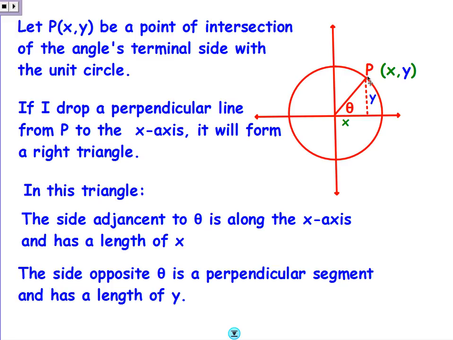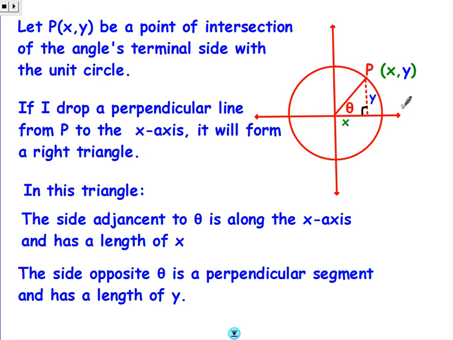So what if the terminal side intersected with the circle at that point P? If I drop a perpendicular line from P to the x-axis, it will form a right triangle. Do you guys see the right triangle? Can you on your papers draw the little right triangle notation that says that's a right angle?